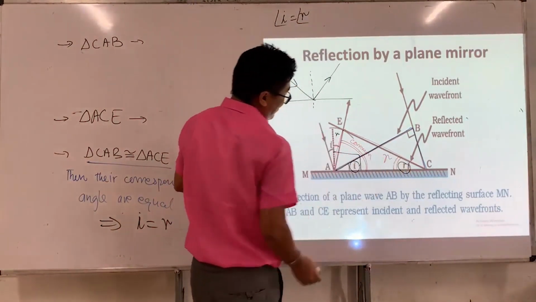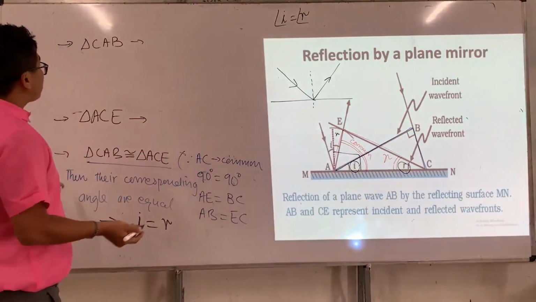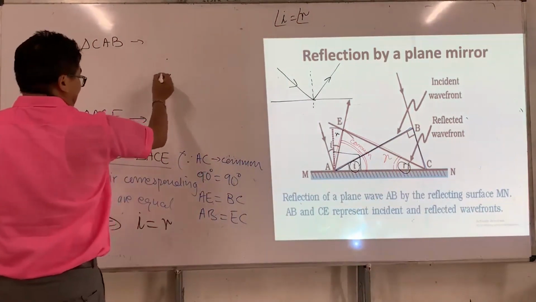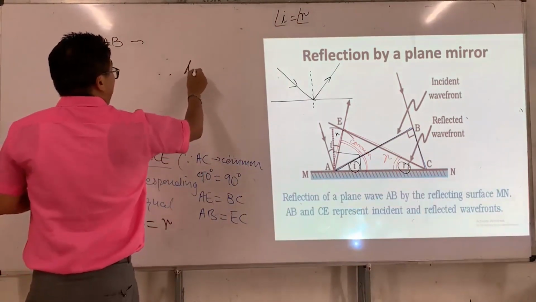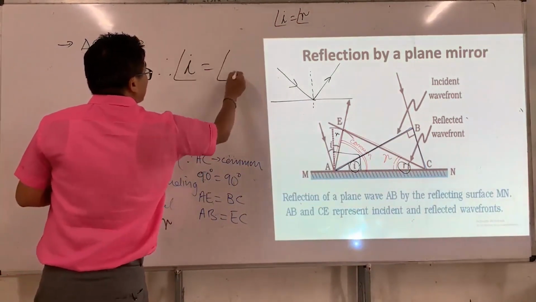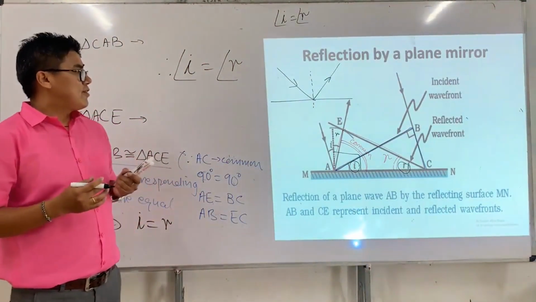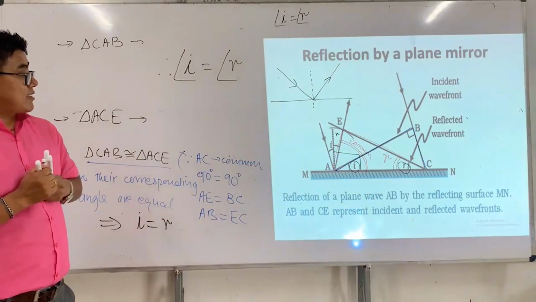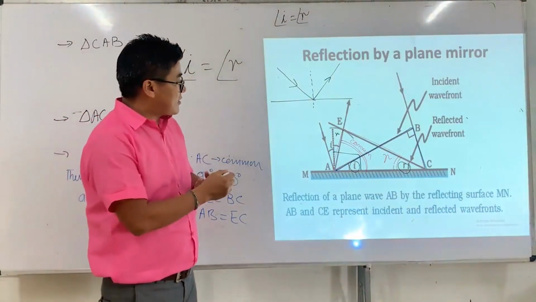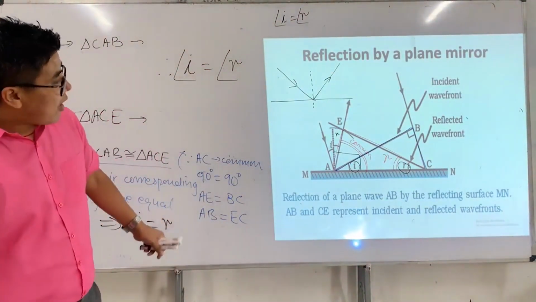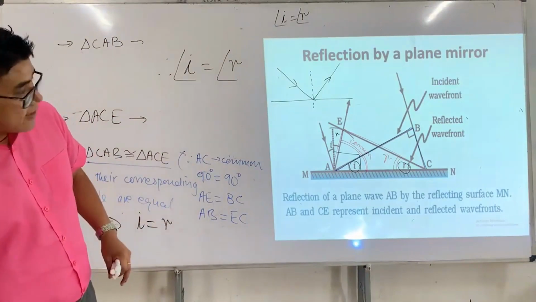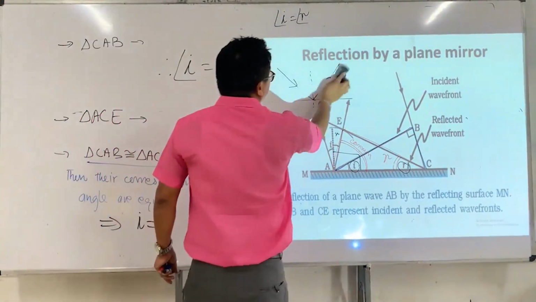This is the corresponding angle of angle R. Therefore we say that the angle of incidence I is equal to the angle of reflection R, which proves the law of reflection. So this is what we have done, this is how I proved the law of reflection.